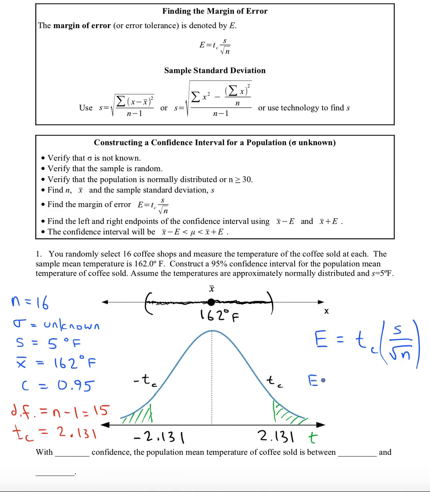So we'll have 2.131 times 5 over the square root of 16. It's 2.66.